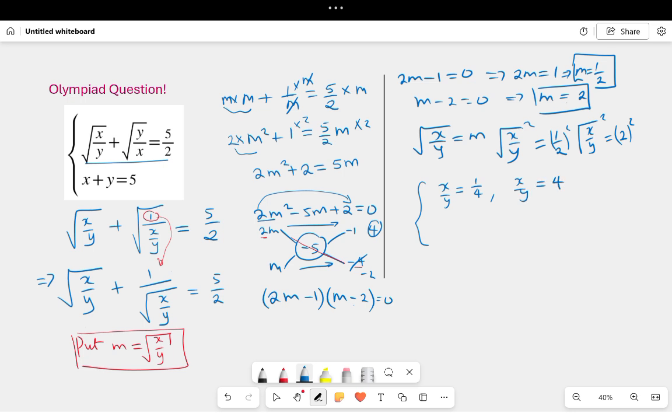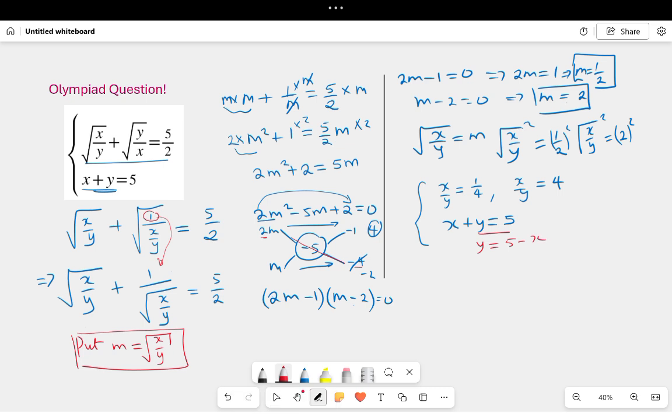Now, writing the second equation after this, which is x plus y is equal to 5. Now, let's begin to deal with the second equation. We know x plus y is equal to 5. It means y is equal to 5 minus x.